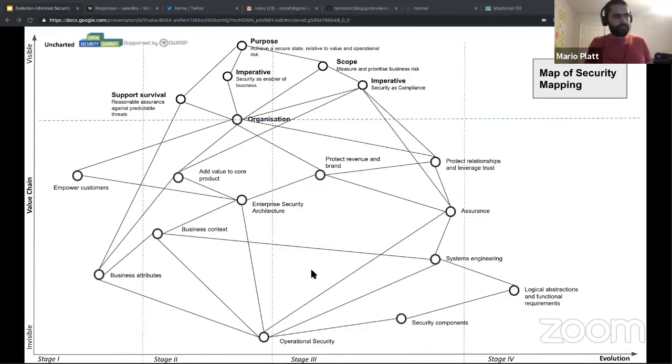We'll get more to that a bit later, but what I mean by business attributes is what I was saying previously: enabling time to market, making sure that we've got an auditable organization, making sure that we have authentication. These are business attributes that the IT organization implements every time they build a new system. It's that type of level.